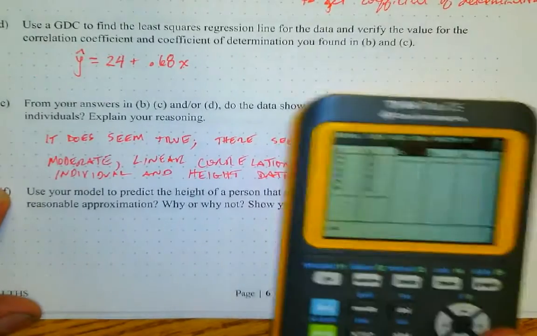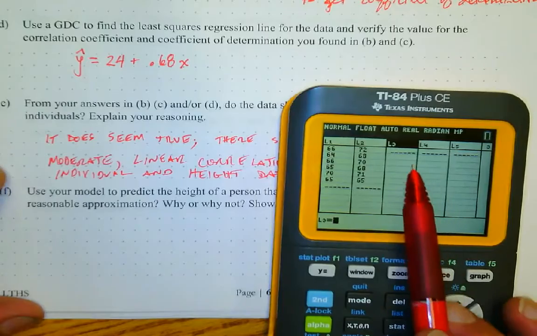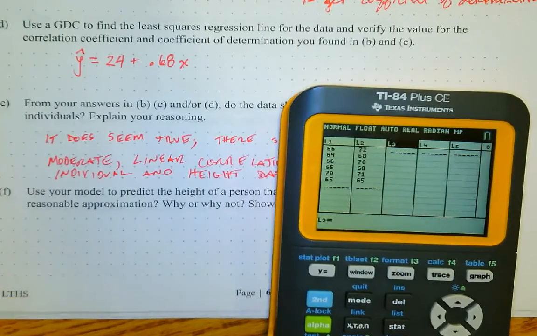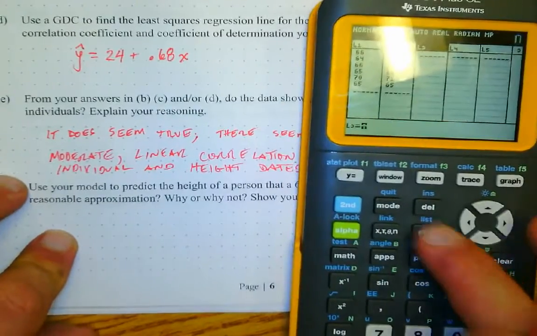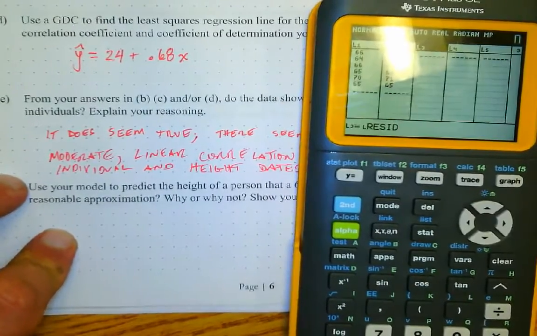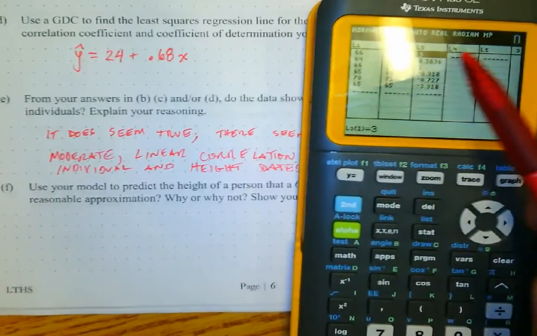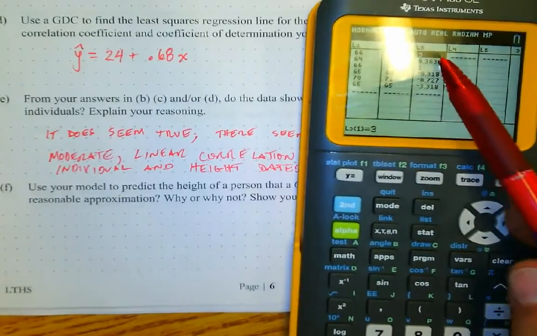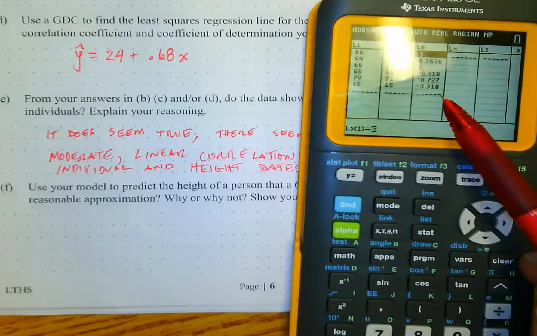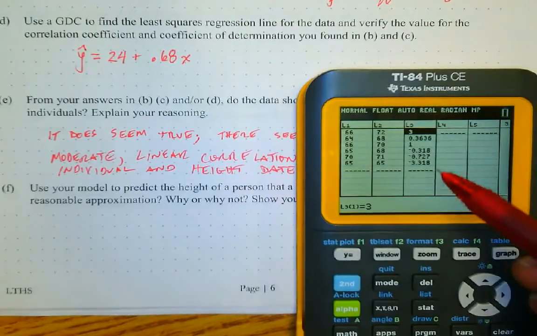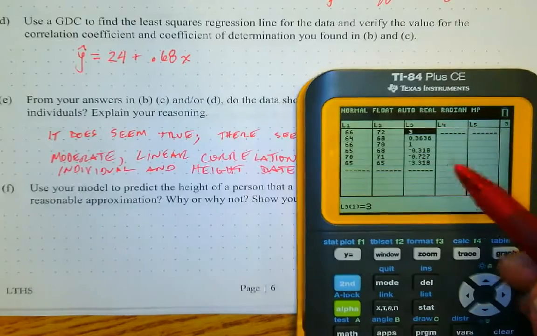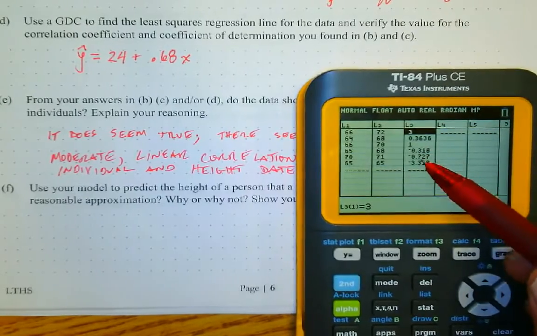I would come in, and I've cleared out my columns, and I could come into L3 and say, second stat, let me plot the residuals that I have in L3. So here are my residuals that I got from my previous regression analysis, and it is important that you plot the residuals of the last regression analysis that we did.